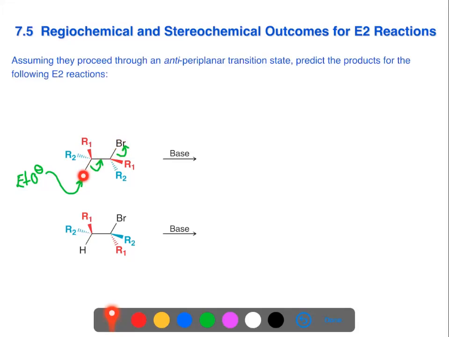So when these four atoms are anti-periplanar, the E2 reaction will occur from that transition state. And in this situation, both the R1 groups are going to be on the same side of the double bond, and the R2 groups, which are behind the page, will be on the same side of the double bond as well. So our alkene will look something like this.